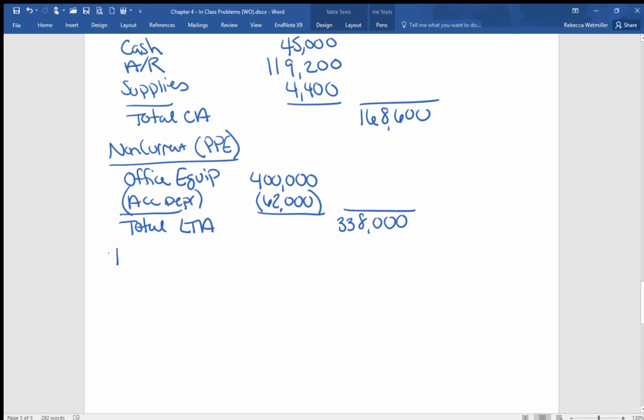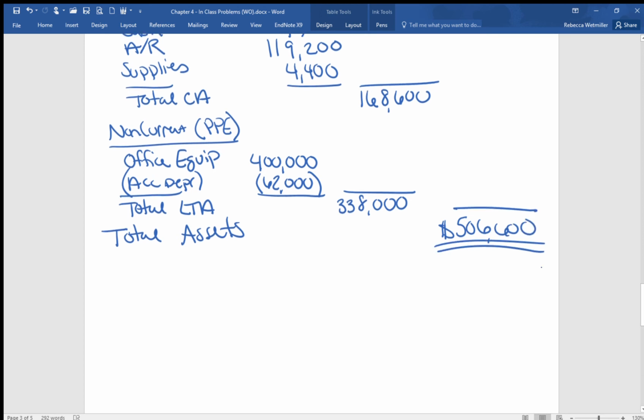So if I combine those two, I have total assets of $506,600. After our assets, we do our liabilities. Once again, we'll have a current portion.